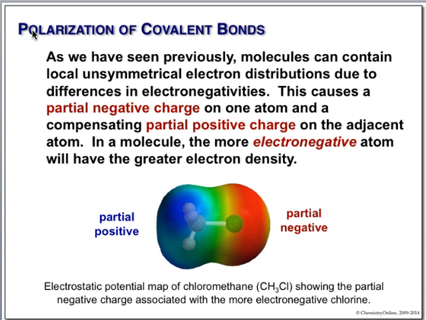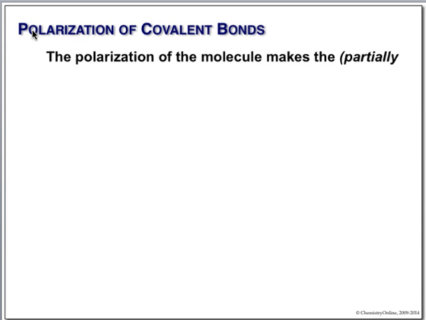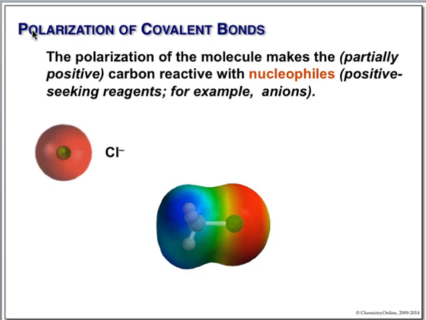Now, this is important because this means that this carbon is what's known as an electrophile. That is, it wants electrons because it's positive. Chloride anion would be an example of a nucleophile. A nucleophile is something that has electrons and would love to find something positive to share them with.